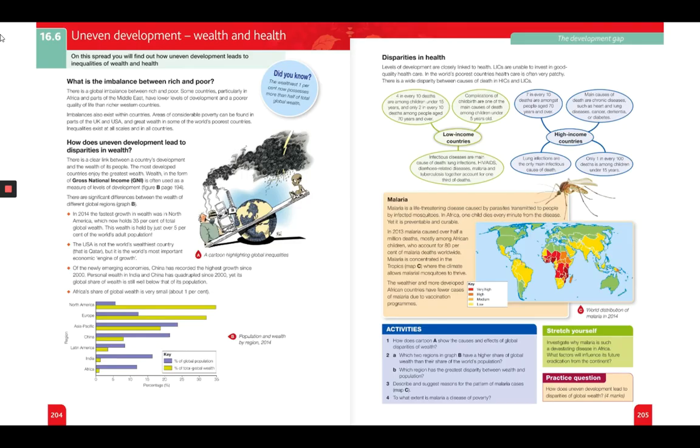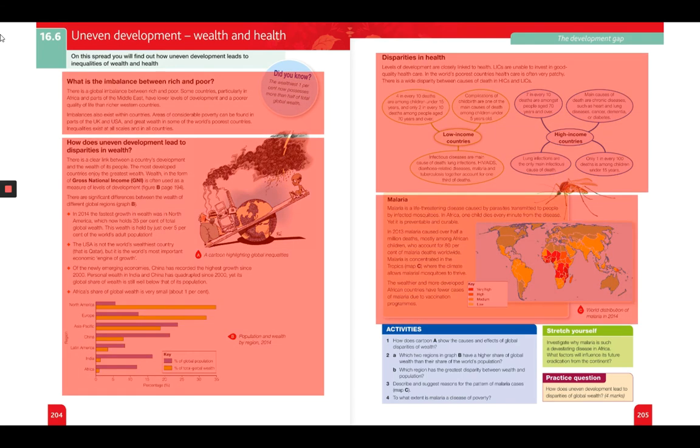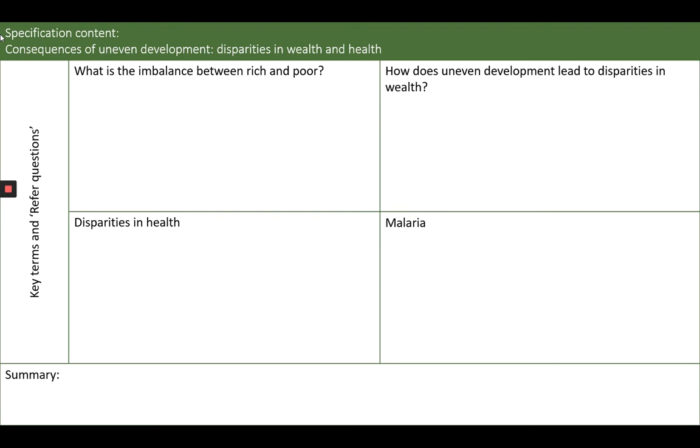Just 2 more sections to go. First off, let's review Disparities in Wealth and Health as a Consequence of Uneven Development. Pages 204 and 205 will be your guide for this. The 4 subsections shown here will help you to keep your notes well organised.